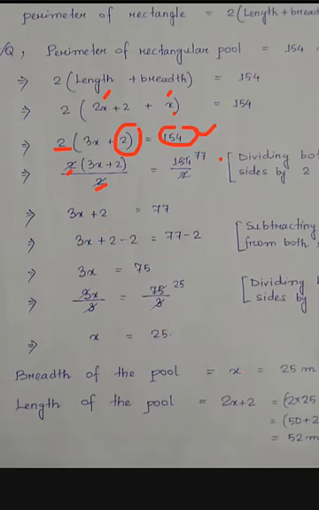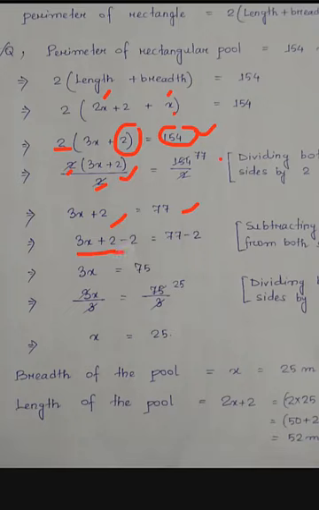In the next step, here what is left? 3x plus 2 is left, while on the right hand side 77 is left. Next we shall try to make this term containing x independent of the rest of the terms. How can it be done? With this, plus 2 is there.